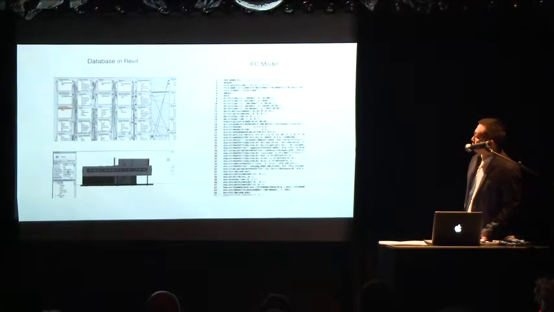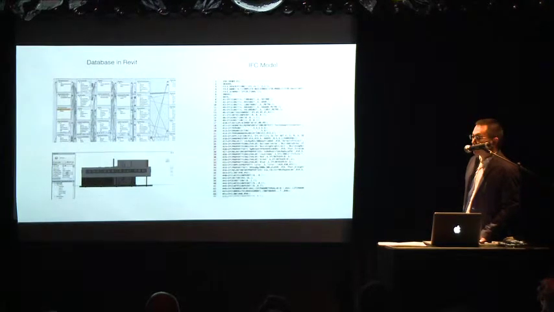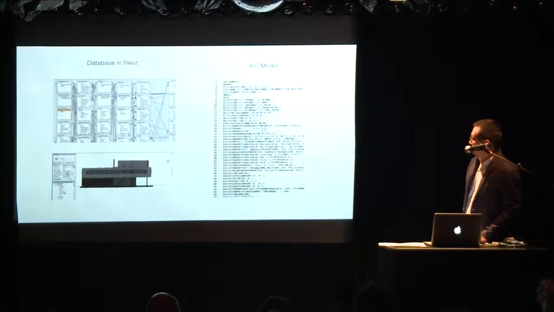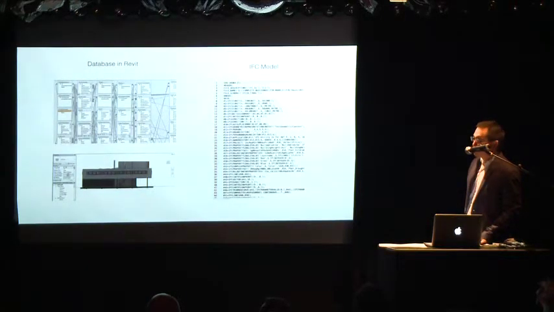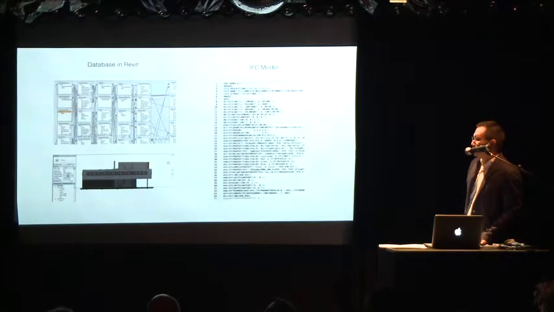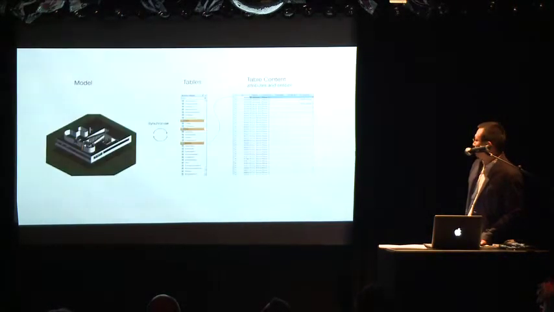As I say, BIM is a database. As you can see from the left side, there is a Revit database behind the model, and the right side is an OpenBIM format.